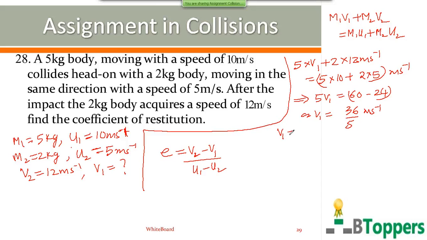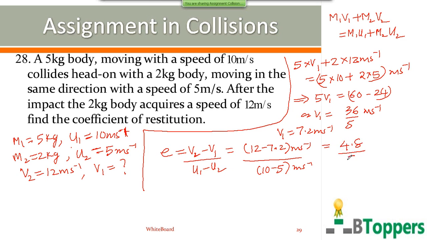So you get v1 equal to 7.2 meters per second. Substitute the values of v1 and v2 here. v2 is 12, v1 is 7.2 meters per second, u1 is 10 meters per second and u2 is 5 meters per second. So you get e equal to 0.96.